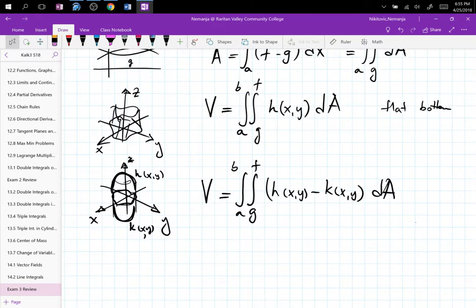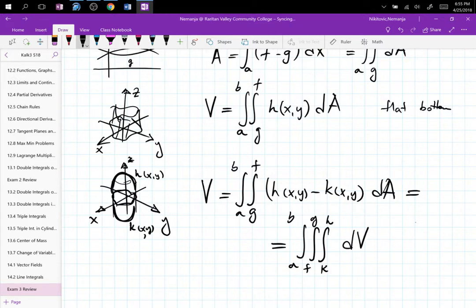Now remember what I can do? I can stick these h and k functions in the limits of the third integral. So volume can also be represented as the triple integral a to b, f to g, k to h dV, where you have 1, right?